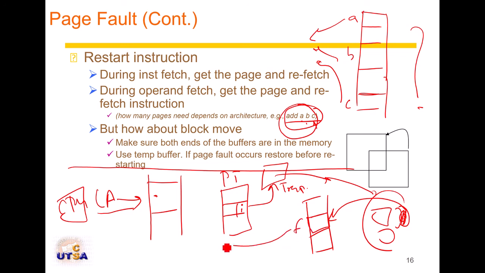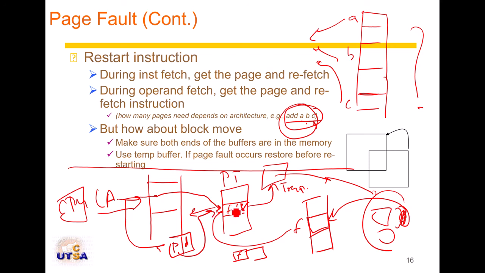It then copies that frame number here and makes that bit valid, and then gives control back to the process. And now when that address comes in, it is valid. We divide it into P bits and D bits. By using these P bits, we go here, get the F bits and copy them here, and then we copy these D bits here, and now you have your physical address to access the memory, basically.